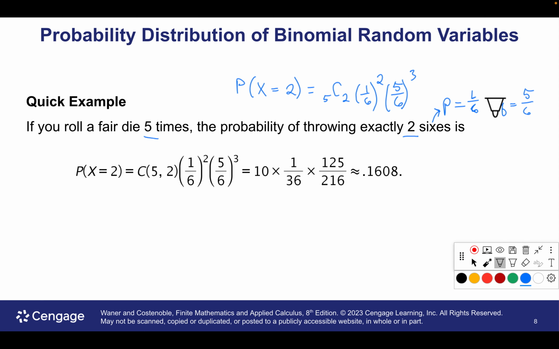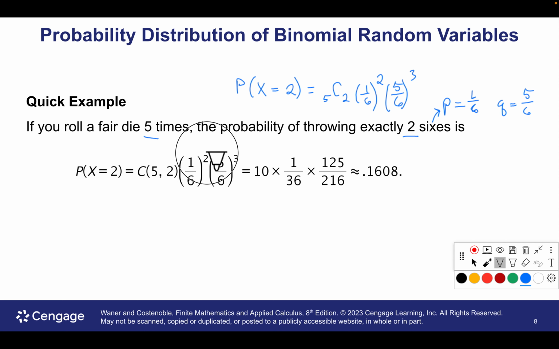Yes. What's that? The failures are Q. So in our formula, our successes are power of 2, and that's wrong. Oh, yeah. So, I gotcha.